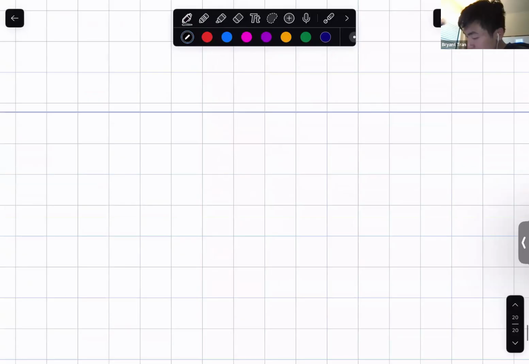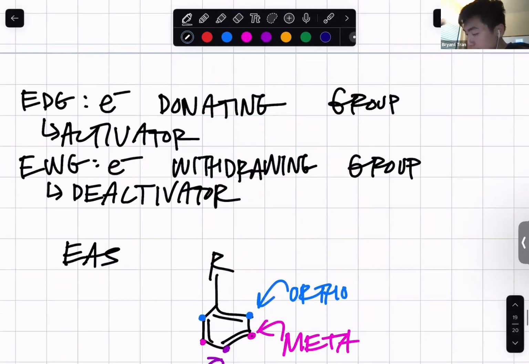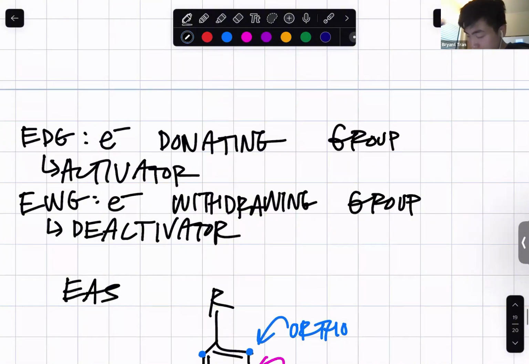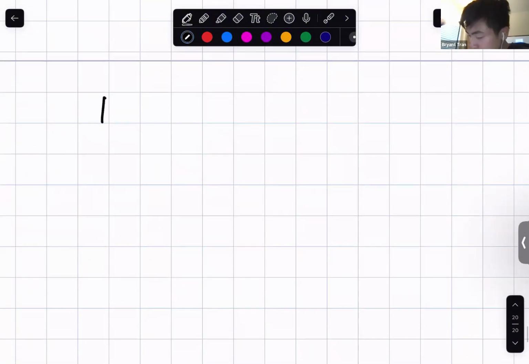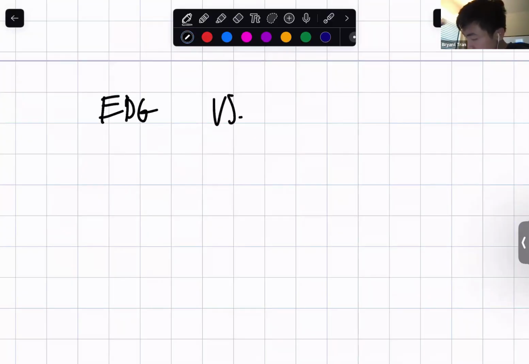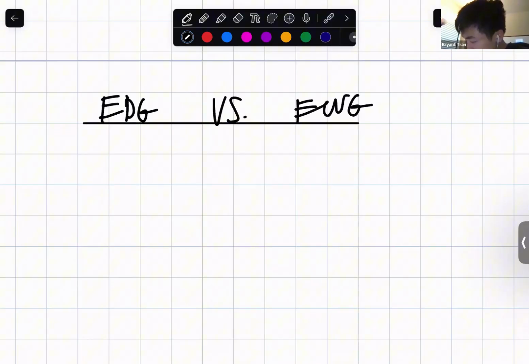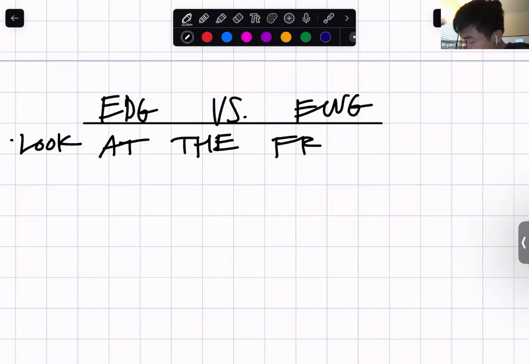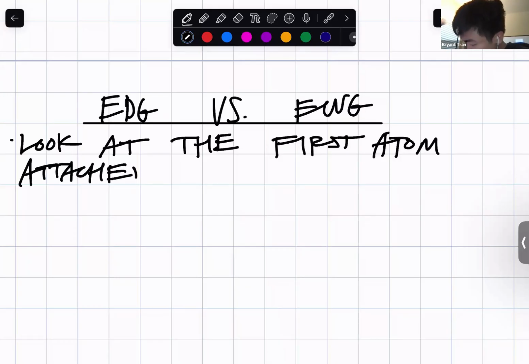Now let's talk about how to determine if a group is an EDG or EWG just by looking at it. Right. So EDG versus EWG. This is how I think about it. You look at the first atom attached to the system, right?